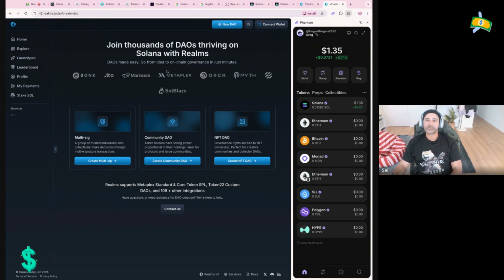All the people that held the Metaplex token logged on to Realms and voted to approve or reject us getting $10,000 worth of Metaplex tokens. So that's one way to govern your community. But that didn't go through. That's how you would do it, and you can manage NFTs and a few other things as well. Cool.